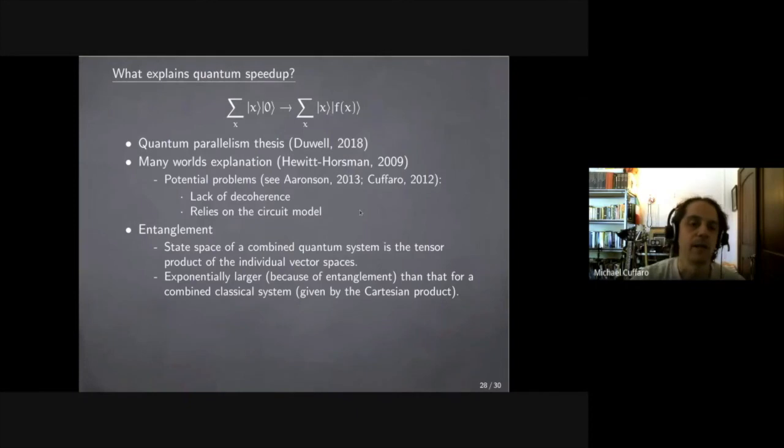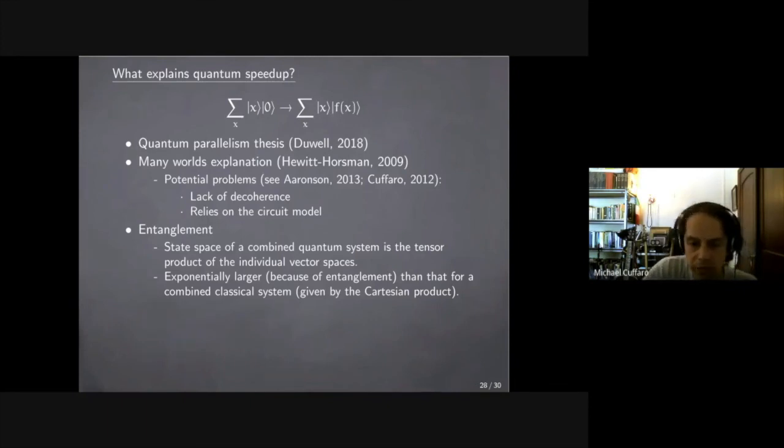Another candidate for an explanation of quantum speedup is entanglement, in the sense that, as we saw in the first lecture earlier, the state space for a combined quantum system is given by the tensor product of the individual vector spaces, whereas for a classical system, the combined state space is given by the Cartesian product.